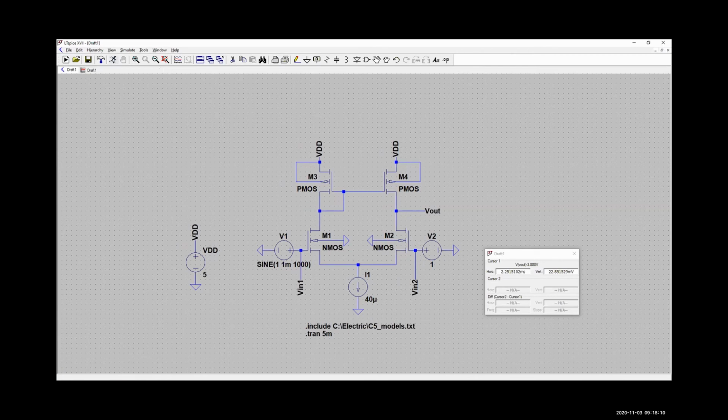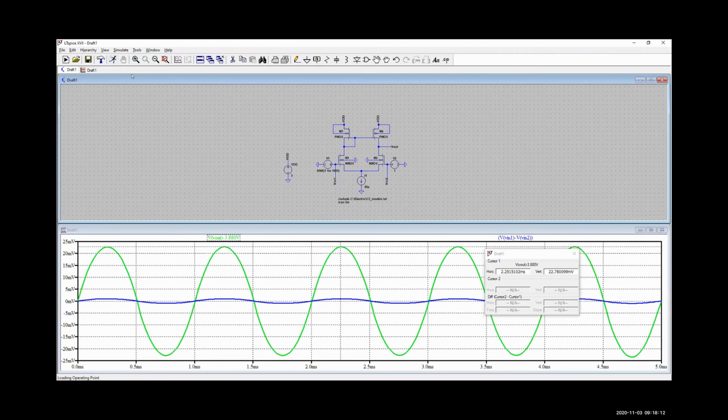So let's just see. My gain still appears to be approximately 22 to 23. So it really didn't have a whole heck of a lot of an effect.